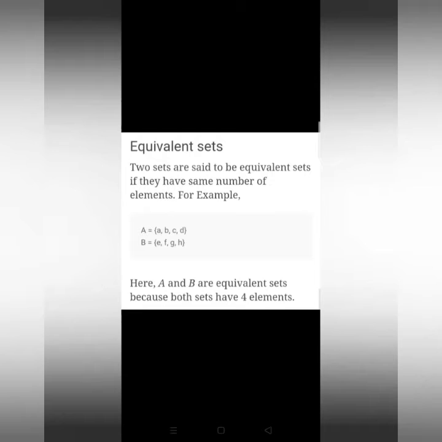That is, n of A equal to 4 and n of B equal to 4. But the elements are different. Even if all the elements or any one of the elements is different, that is an equivalent set. So here A and B are equivalent sets because both sets have 4 elements.